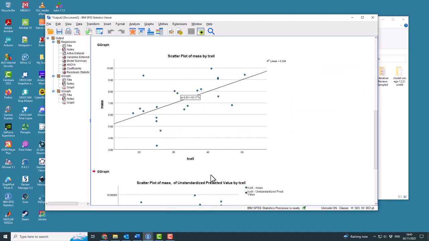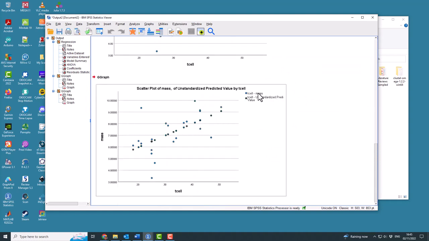So if I press OK, now I get this plot, and you can see you've got T cell mass and you've got the unstandardized predicted values, which are the ones that go all the way along the line. Those are in the dark green, and the blue ones are the actual values that you measured. So the difference between the green and the blue at each of these points is the residual. Sometimes it's negative, sometimes it's positive.